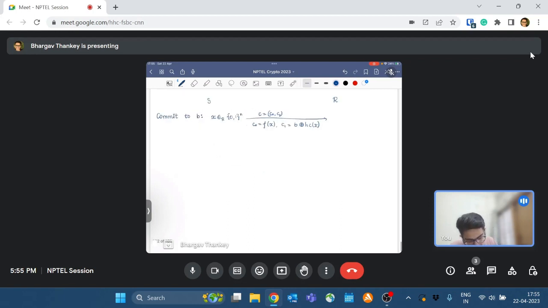And to open the commitment, what the sender does is it sends x and b. And what does the receiver do? The receiver does the following.